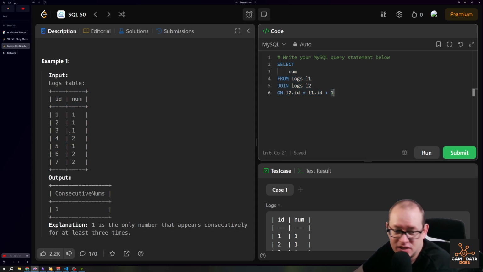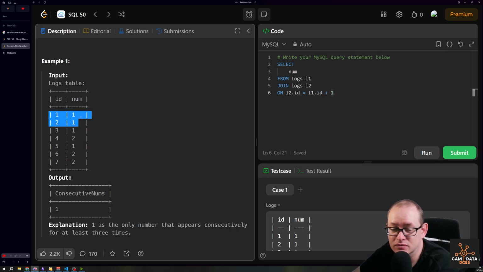So there's self joins, left joins. There's a million videos out there on joins, but let's look at this self join, and we're joining on the ID column that's consecutive to that. So we're making the L2, our second table ID, equal to L1 ID plus 1. So that'll give us these two.